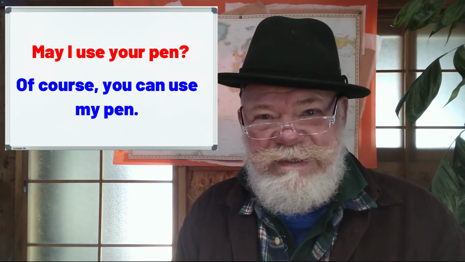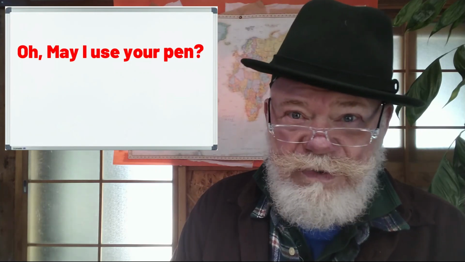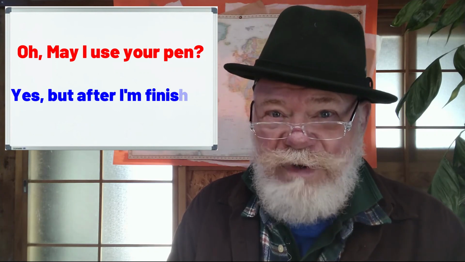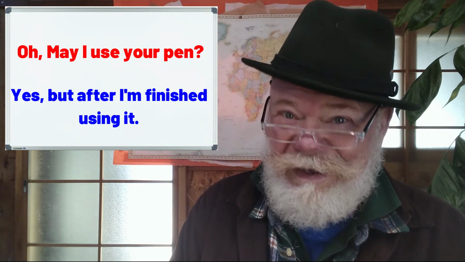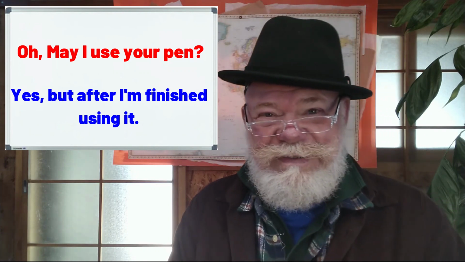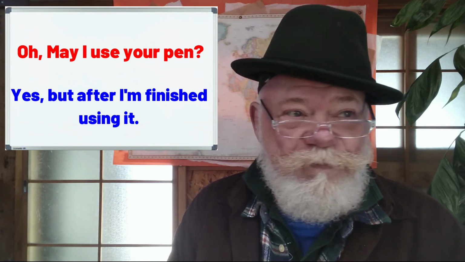Or let's go with the scenario that perhaps you are using your pen and someone asks you, may I use your pen? Yes, but after I'm finished using it. Using. You see, we use it in the ing form also, continuous form.